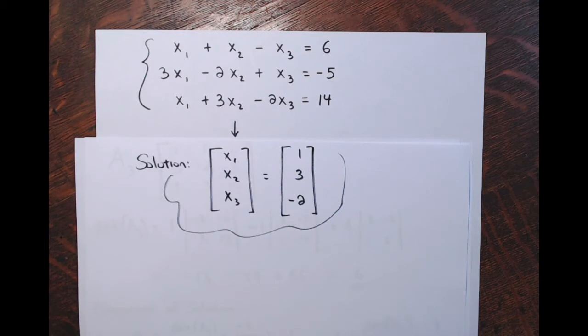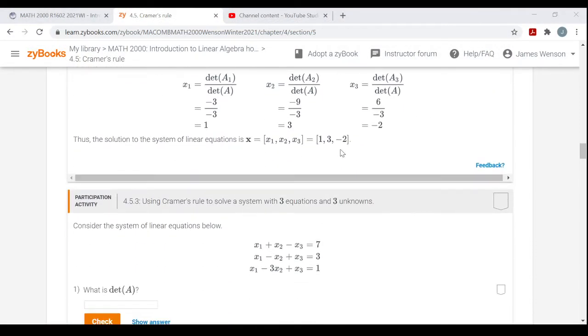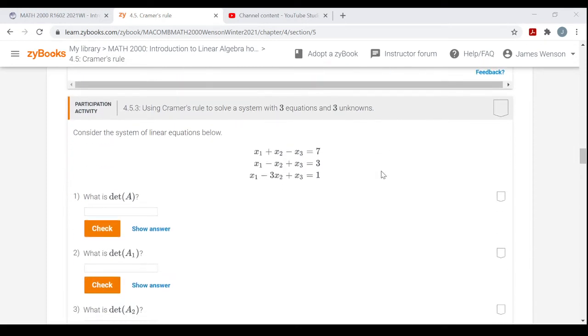And yeah, it does work. Just glancing at it, doing some mental math here. All right, wonderful. All right, so going back, 1, 3, -2. Right. So you're asked to do that here.